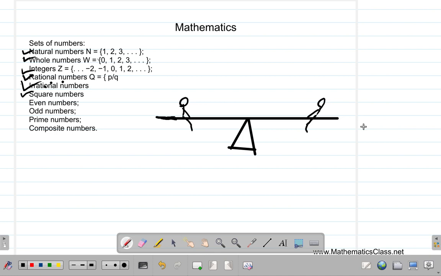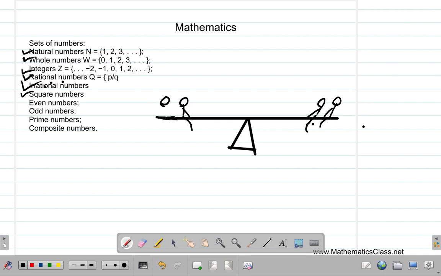So, you have an even number of persons sitting on the seesaw when it is balanced. Now, if another friend comes and sits on the left, it will tilt down to the right.